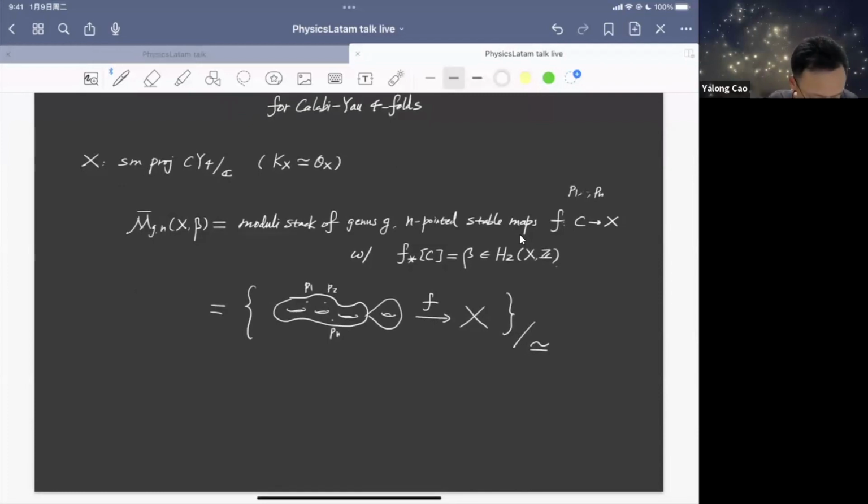In any case, such a moduli space exists as a proper Deligne-Mumford stack.